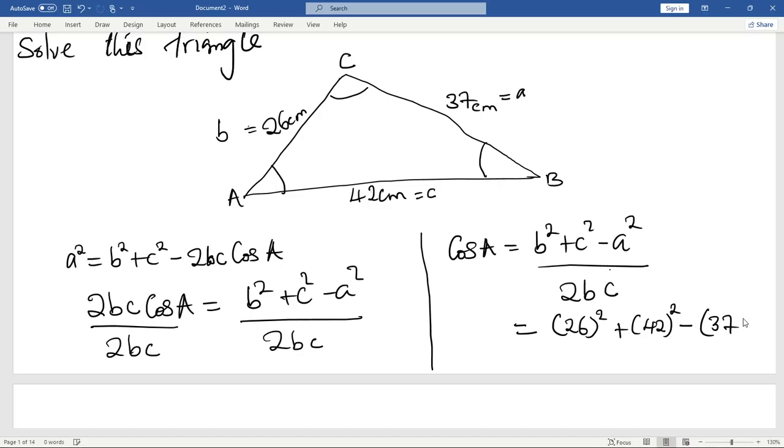So we have 37 squared, like this. Then everything here divided by 2 times 26 and 42 here. So you can just pause the video and punch these values on your calculator.